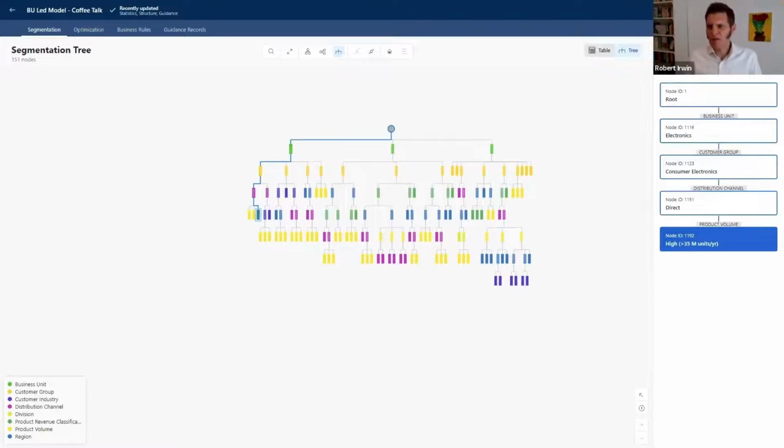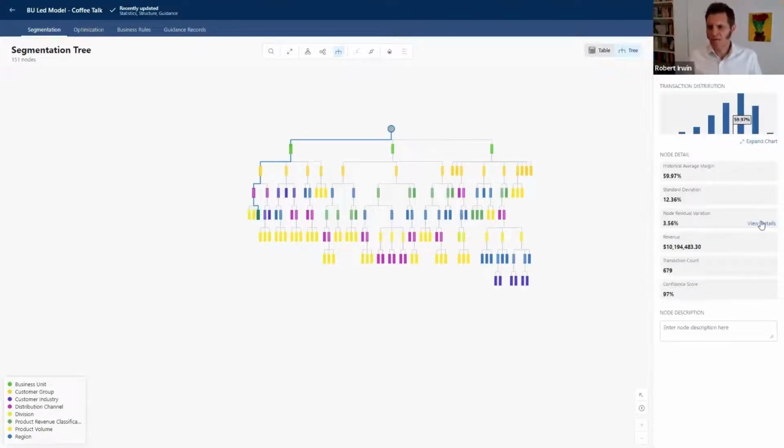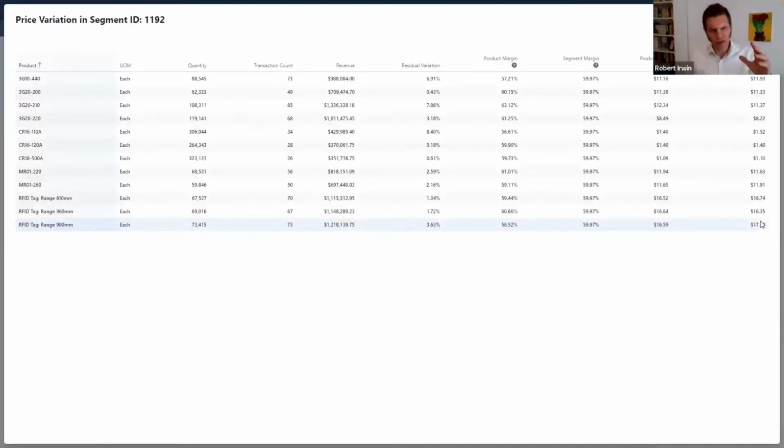So this is my segment level. I have a full overview of the product level transactions in this segment. Just a reminder, this is a segmentation model. These products could in fact also appear somewhere else in a different segment.